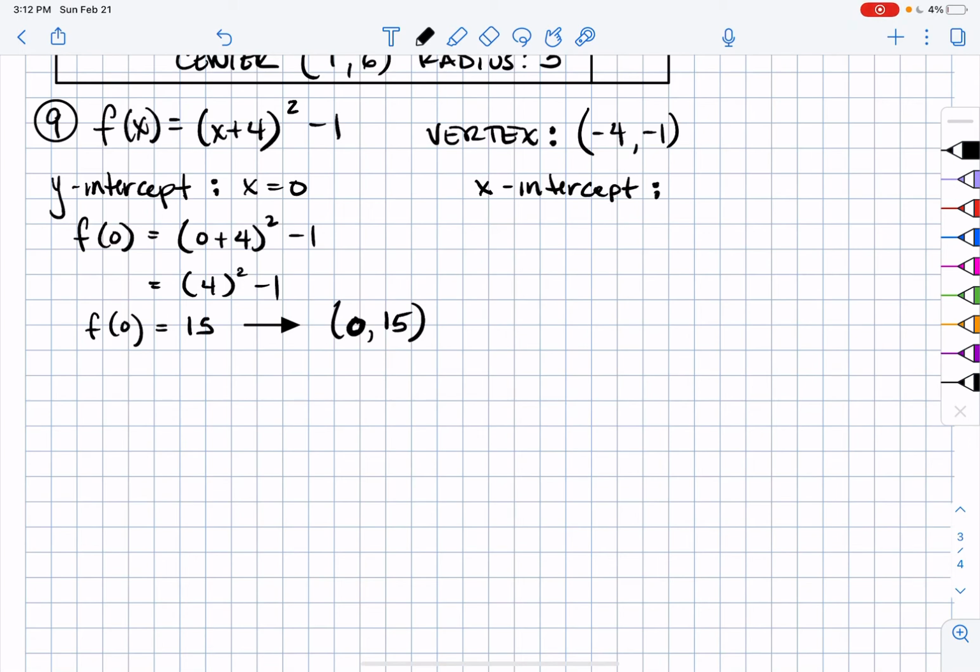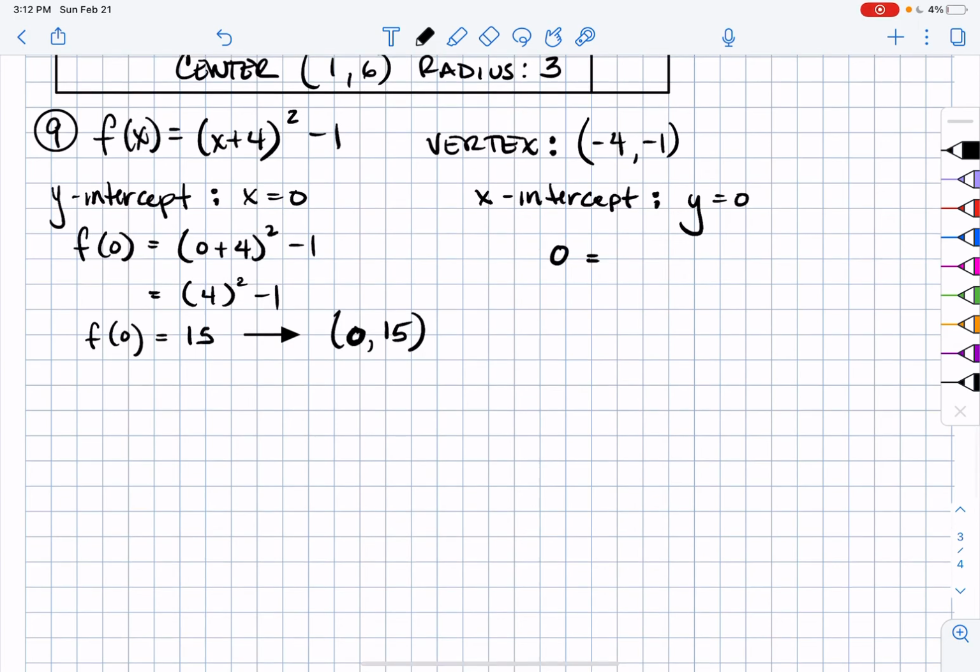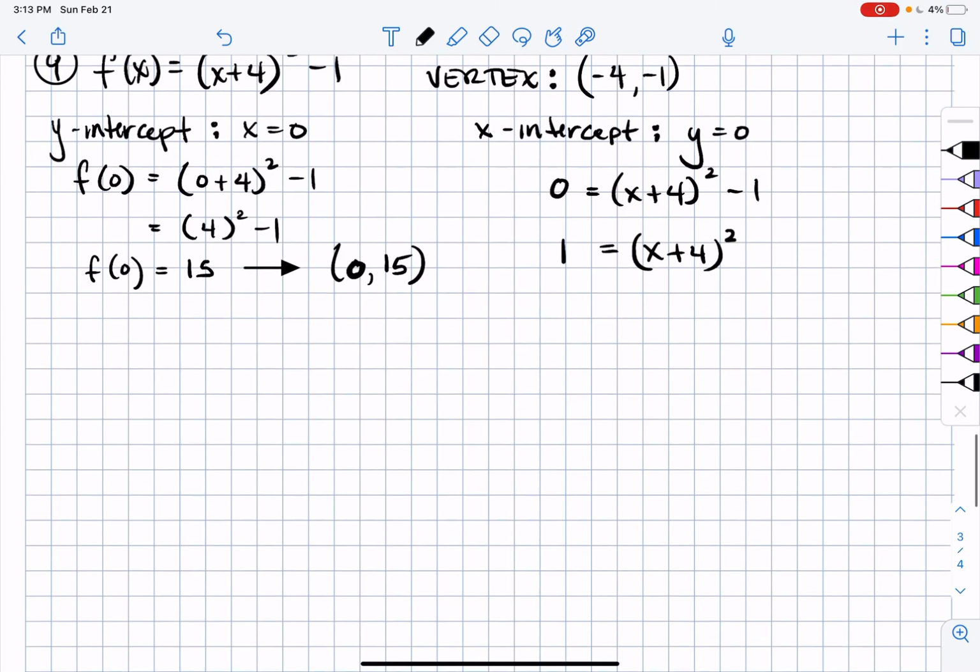Well, that is when the y is equal to 0. So I have 0 is equal to x plus 4 squared minus 1. Add the 1 over. So I got 1 is equal to x plus 4 squared. When I take the square root of both sides, I get plus or minus 1 is equal to x plus 4.